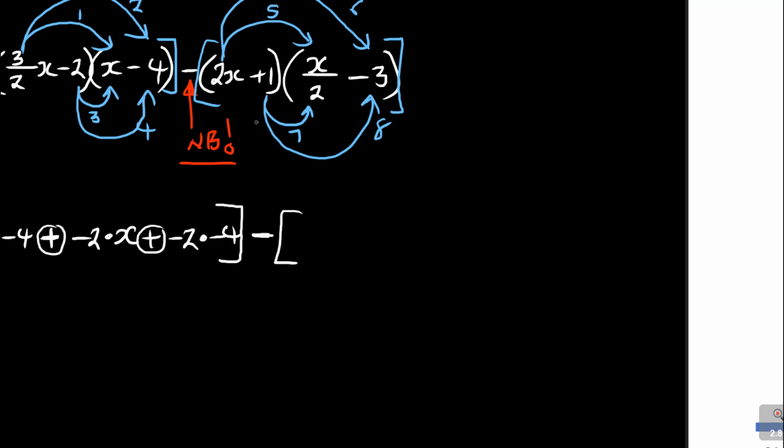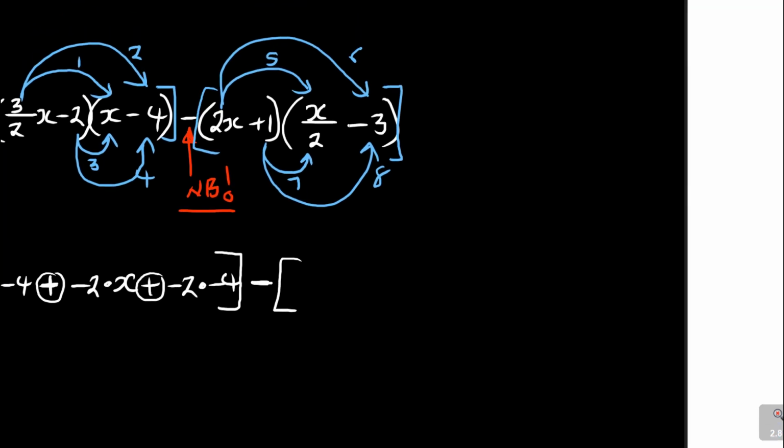Here I'm multiplying what? Number 5. I'm in number 5, which is 2x here times x over 2, right? And then I've got plus. Always take out a positive. It's 2x times negative 3, and then after that one, that was number 6.